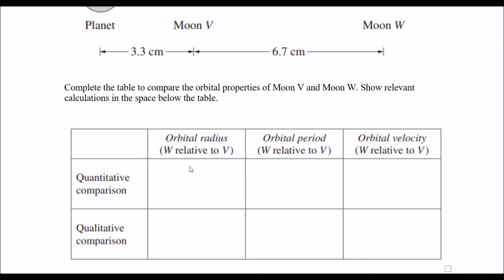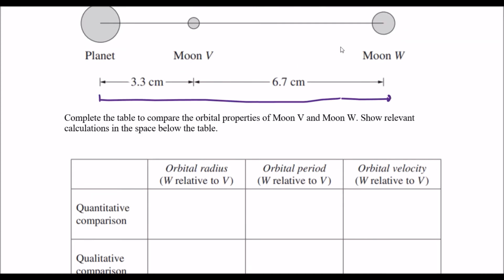So when it comes to the orbital radius, as you can see here, the orbital radius of moon W relative to moon V. If we look at the entire length on this scale, the center of the planet to moon W is about 10 centimeters.